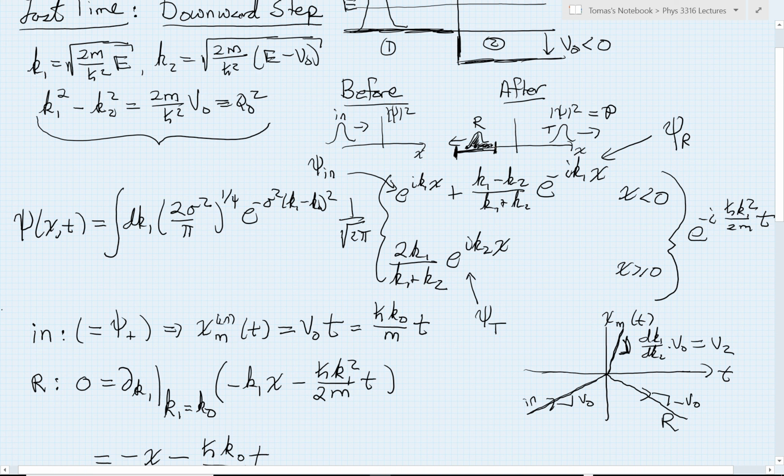If we think a little bit more about this, the safest time to do that would be at a very large positive time out in the future, because at a large positive time, this packet will be completely isolated by itself. And if I reach that type of a point, I could just take the total area under the reflected packet. So that gives us our first clue of how to calculate this probability. We just want the total probability contained in psi of r.